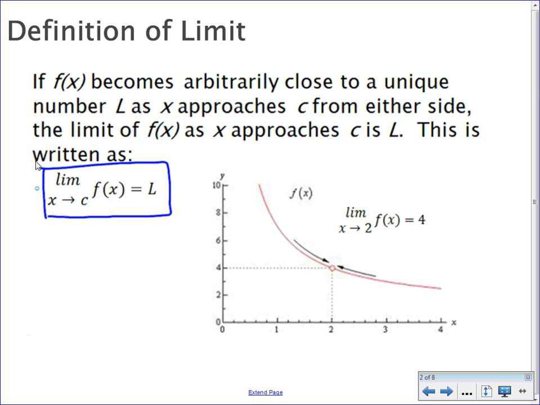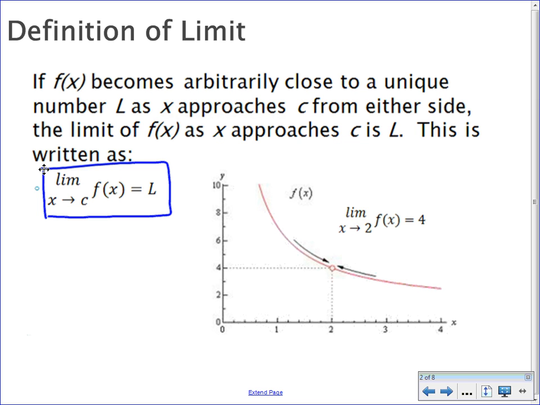I want you to look at this picture right here. This picture is the limit as x approaches 2 of f of x. Here's our f of x curve. If we follow our function along its curve, since we're approaching 2, we're going to follow our function from the right of 2 and from the left of 2.